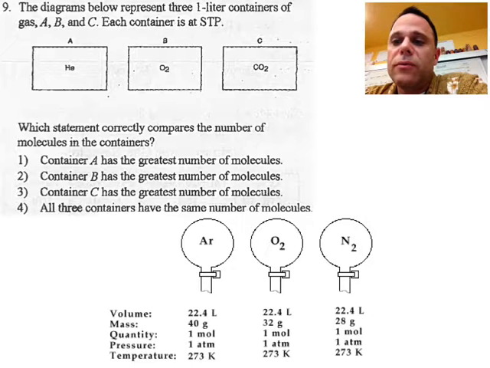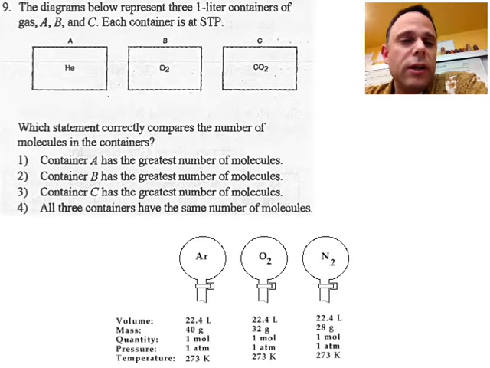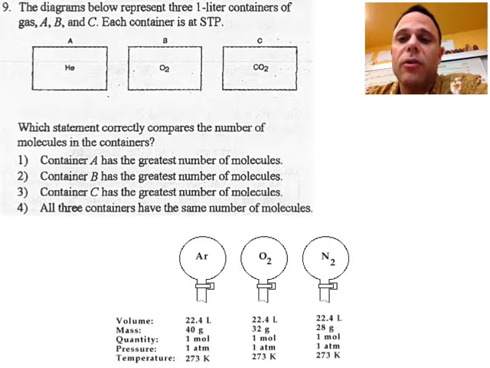Number of molecules, the quantity. Are they different? No. And Avogadro's hypothesis said that under equal conditions, the same volume of different gases will have the same number of molecules. Choice number 4.